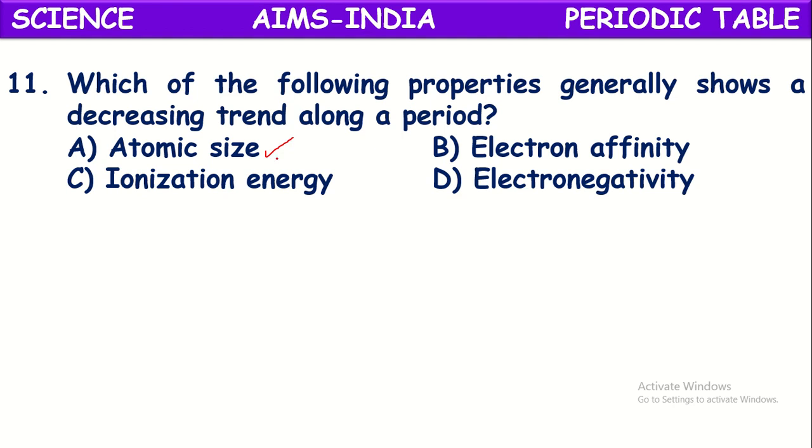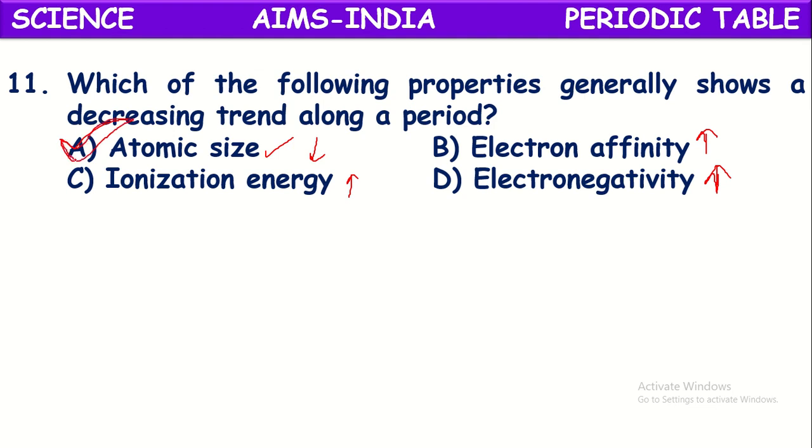As atomic size decreases, electron affinity increases. What about ionization energy? Ionization energy is also inversely proportional to the size of the atom. As atomic size decreases, ionization energy also increases in a period from left to right. Even electronegativity also increases because size is decreasing. Now, the only property that is decreasing in a period from left to right is atomic size.